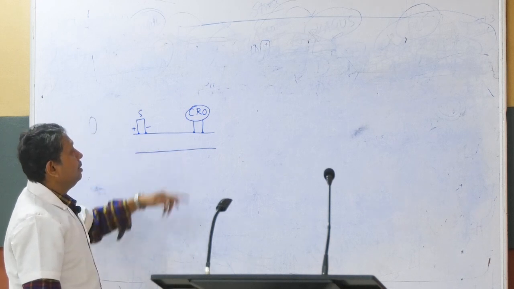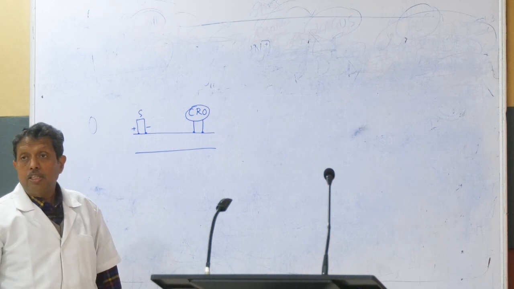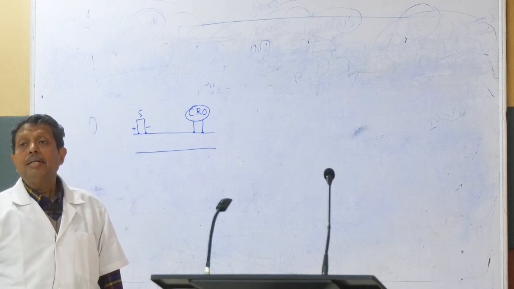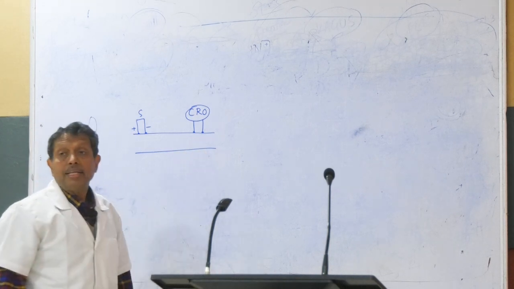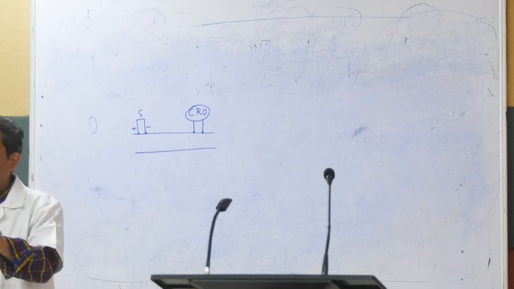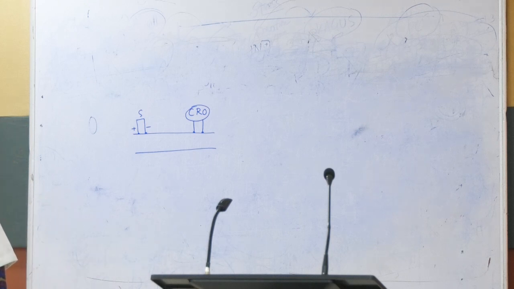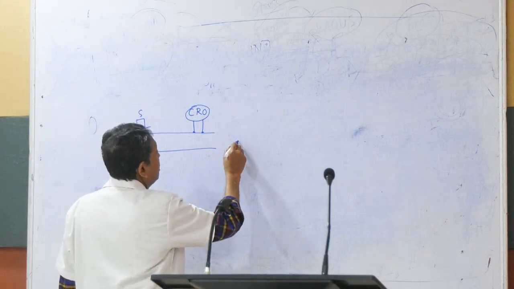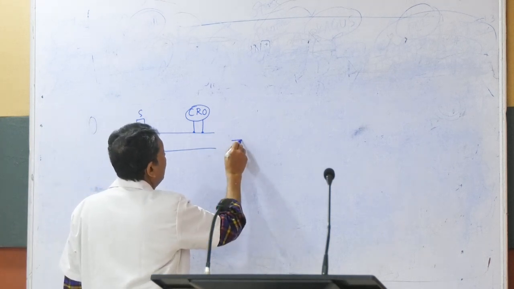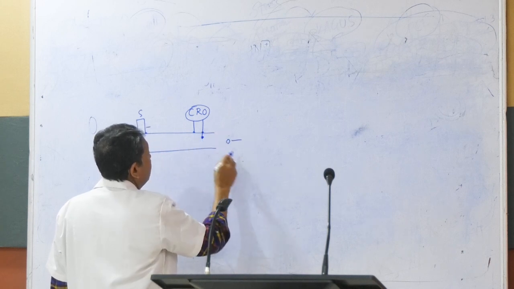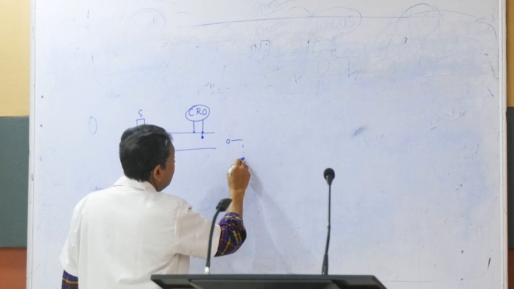During rest there is a resting membrane potential. When both electrodes are outside, there is no potential difference. Initially it is a zero value.